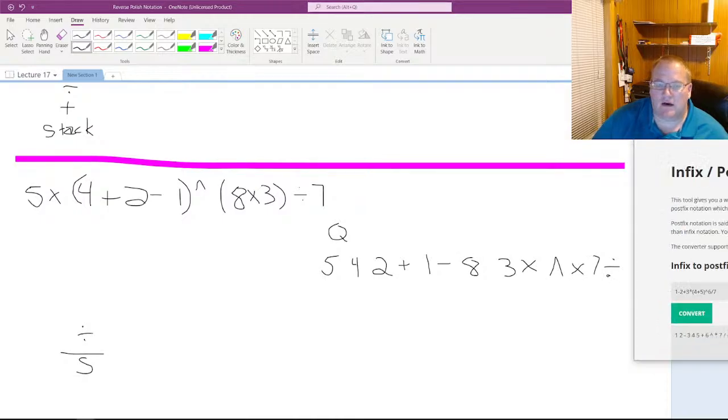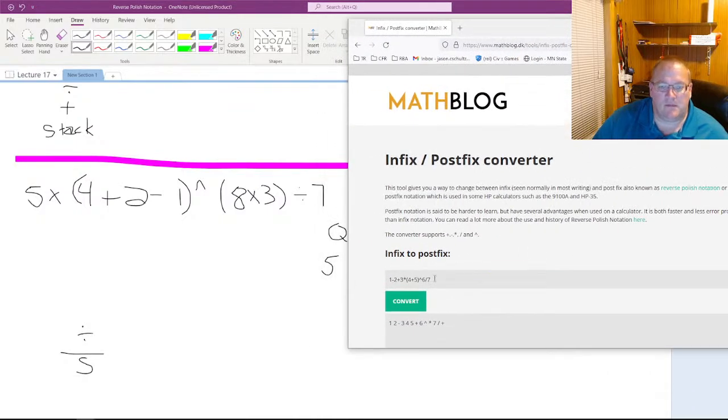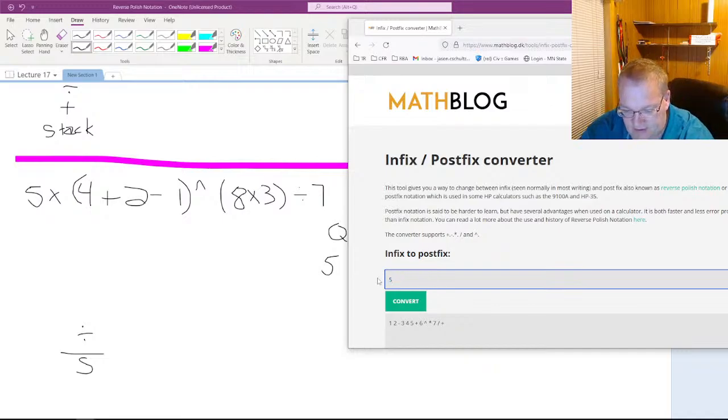And then division. All right, let's see if I did it right. 5 multiplication, 4 plus 2 minus 1, caret, open parenthesis 8 times 3, close parenthesis, divided by 7. Did I get that right?